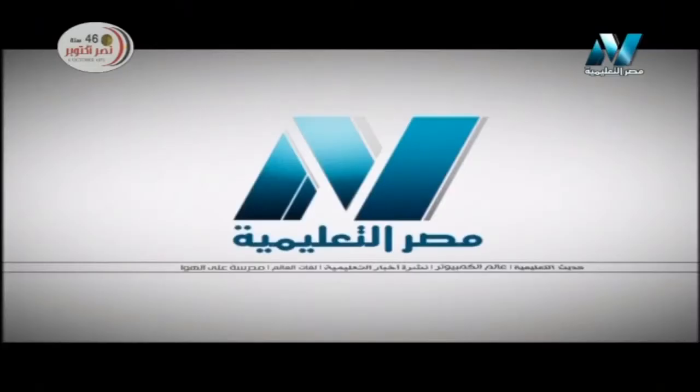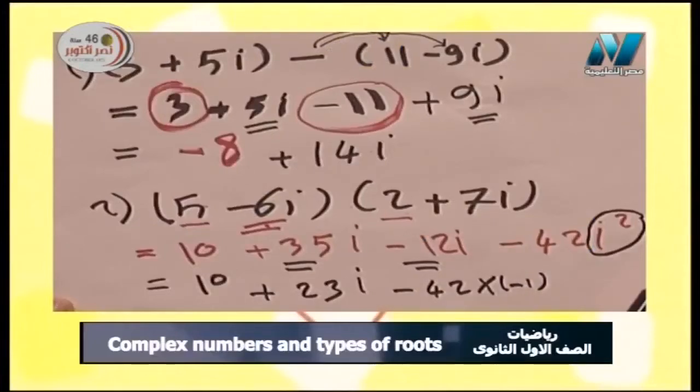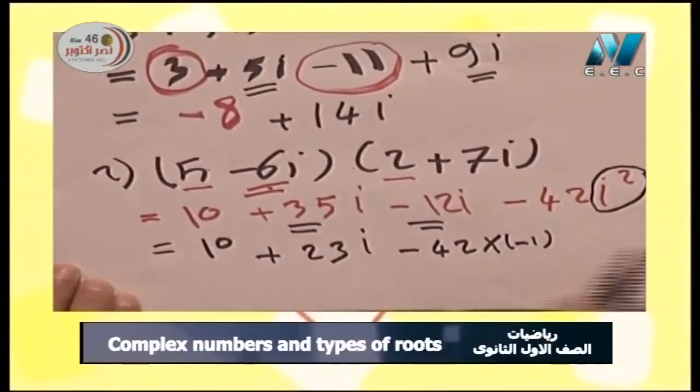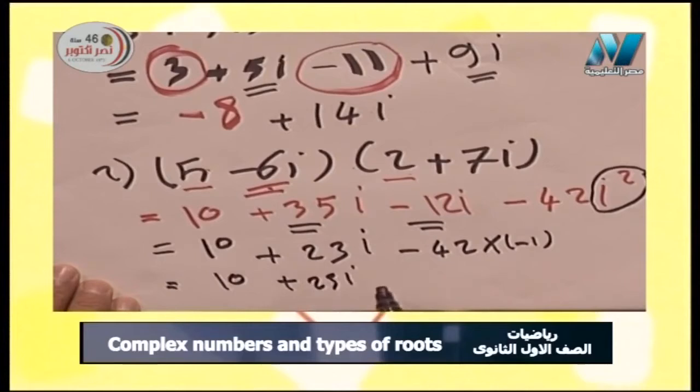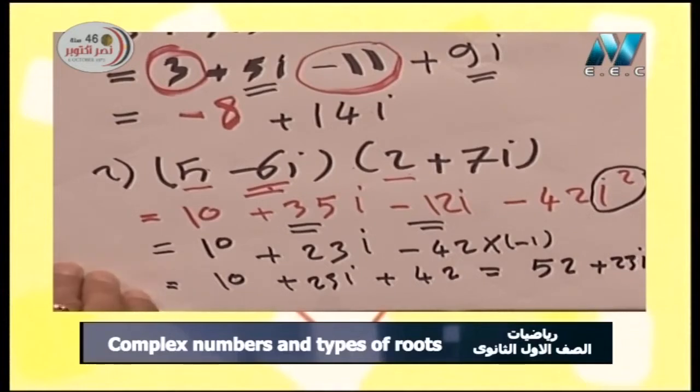Yes, negative 1. So the answer will be 10 plus 23i plus 42. The final answer will be 52 plus 23i.